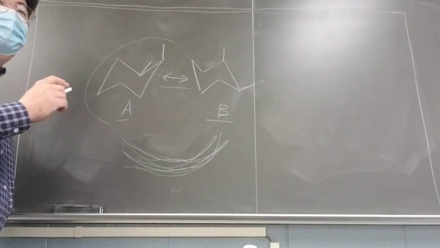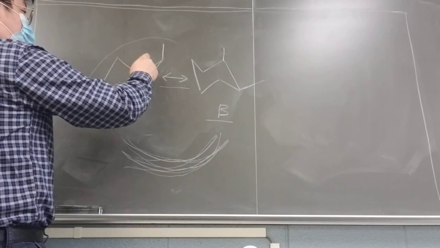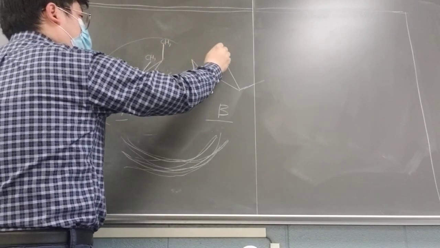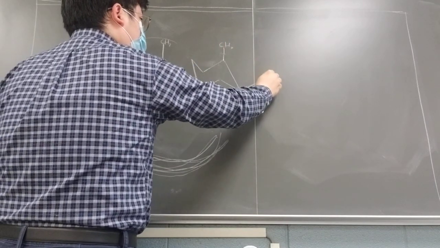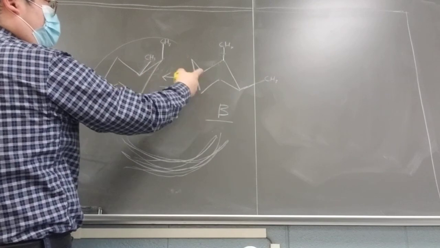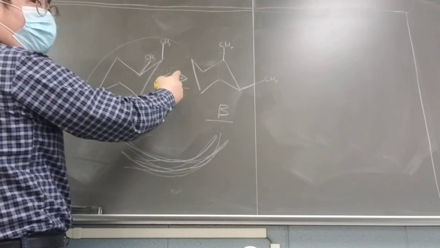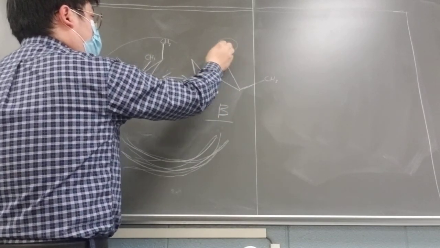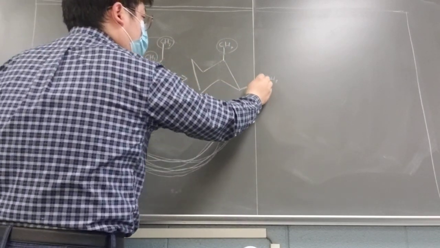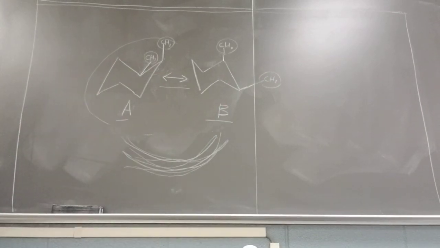Okay, so if you have two methyl groups here, so these two ring flip over here, right here and here, they all have an axial position methyl group over here and an equatorial position over here, right? Okay.